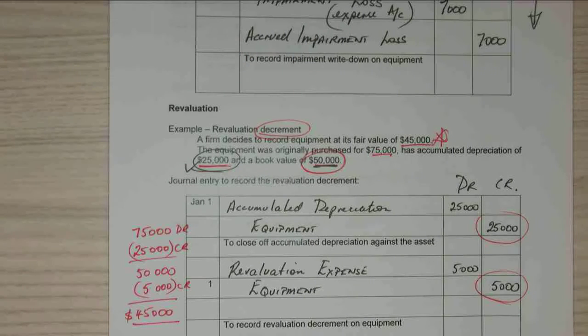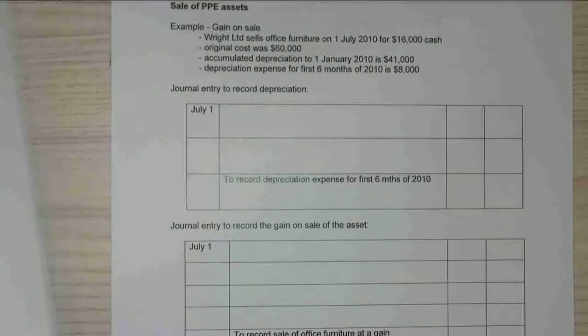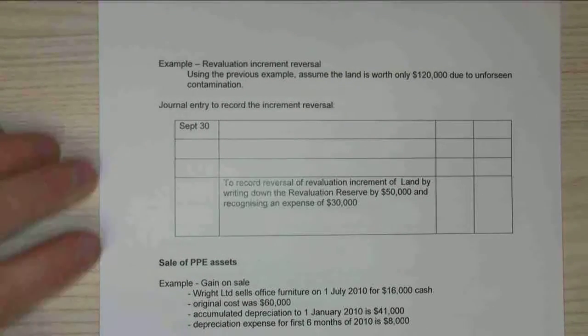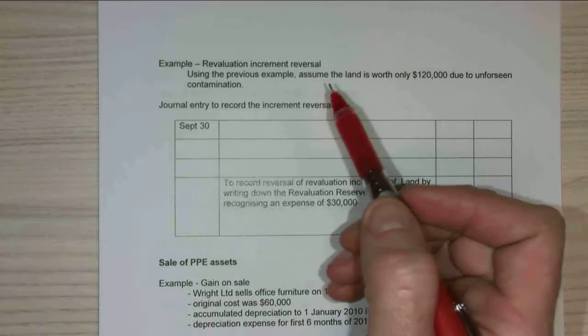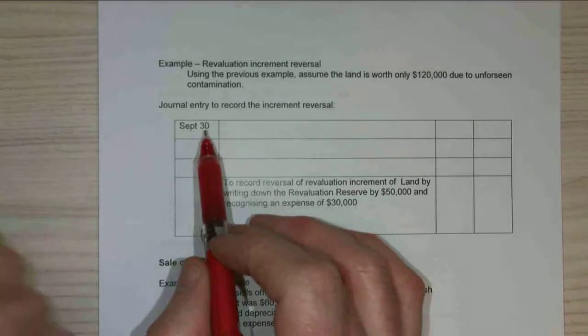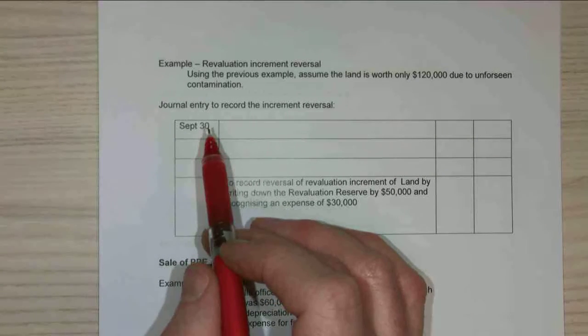That's a revaluation. Now, let me just flip over to a revaluation increment. Using the previous example from my textbook, on pages 471, 472, what I'm looking to do is reverse the entry that was previously put through.